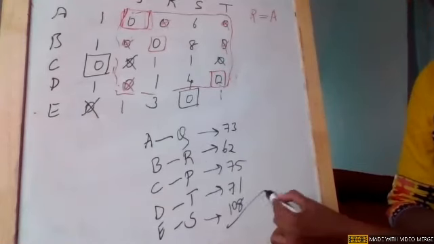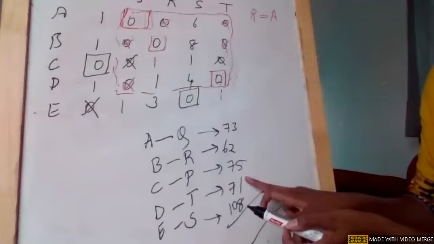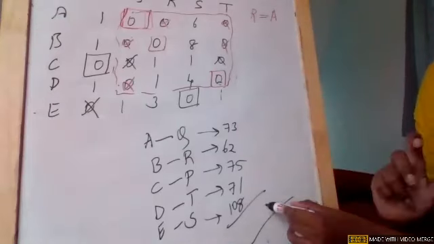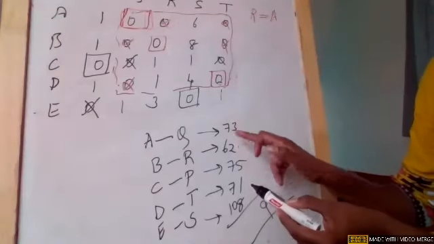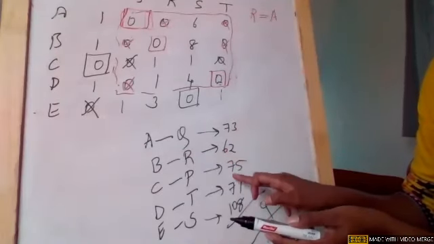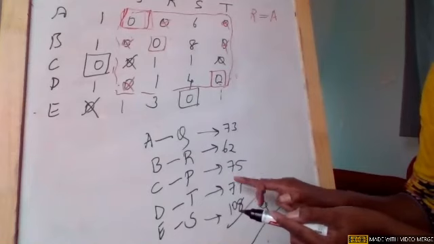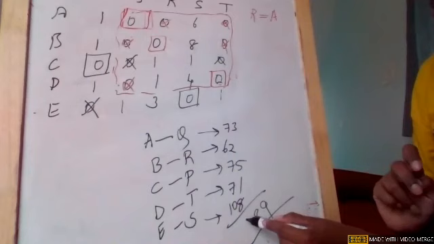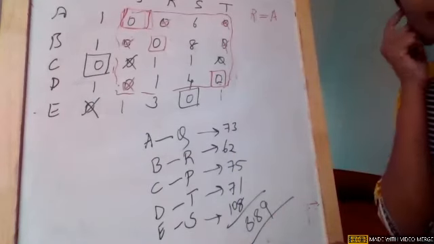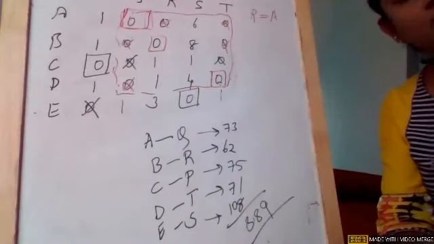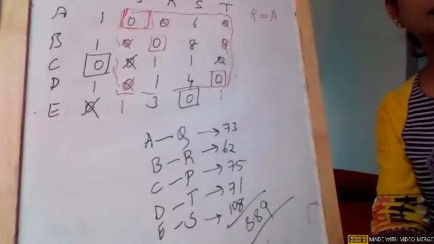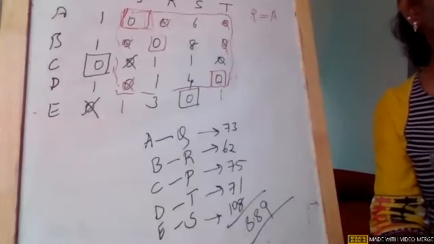So when I total them up, we get 389. So in either of the ways, whatever problem I solved, the cost is 389 only. Here also it is 389. So this is one example.